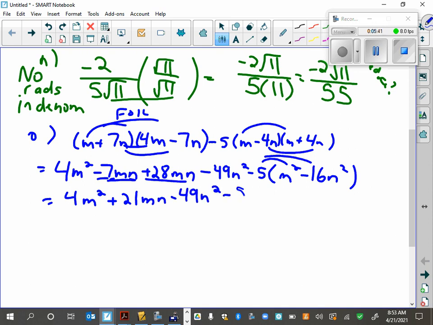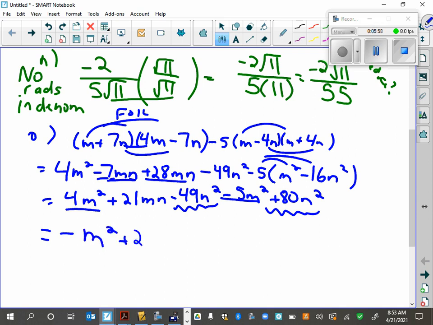Now I'm going to distribute and see if I can collect any m squares, any n squares, and the middle term I just did collect. I'm going to put the m squares first, then the middle term, and then the n squares second.